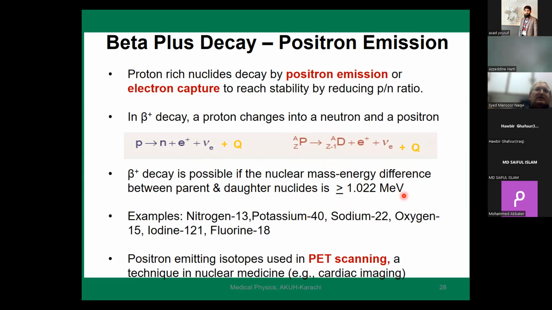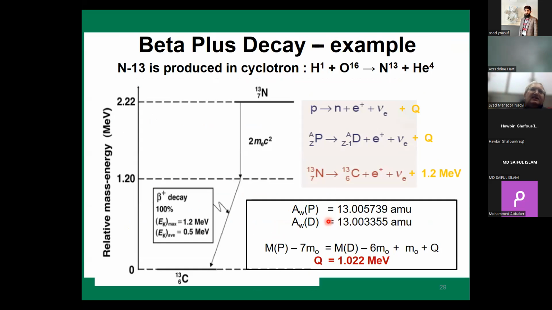These are some very common examples of positron emission: nitrogen 13, potassium 40. To our interest, fluorine 18 is more important because that is the most common isotope used for PET scanning in multiple procedures for cancer diagnosis and follow-ups, in cardiac procedures and others.